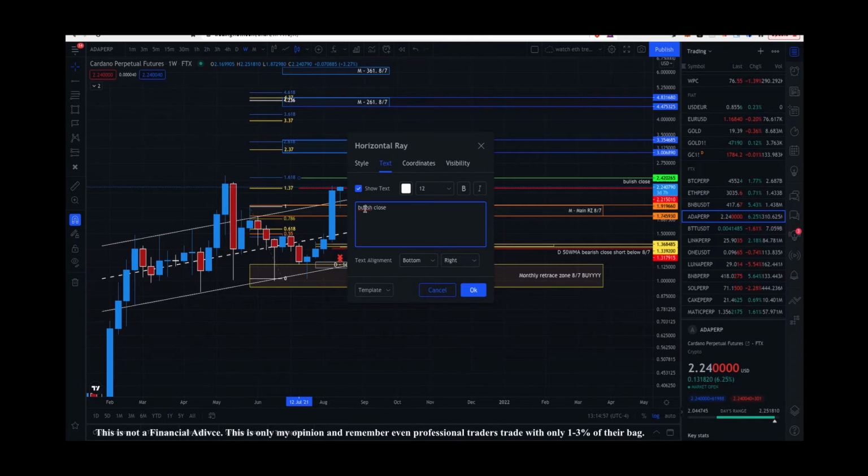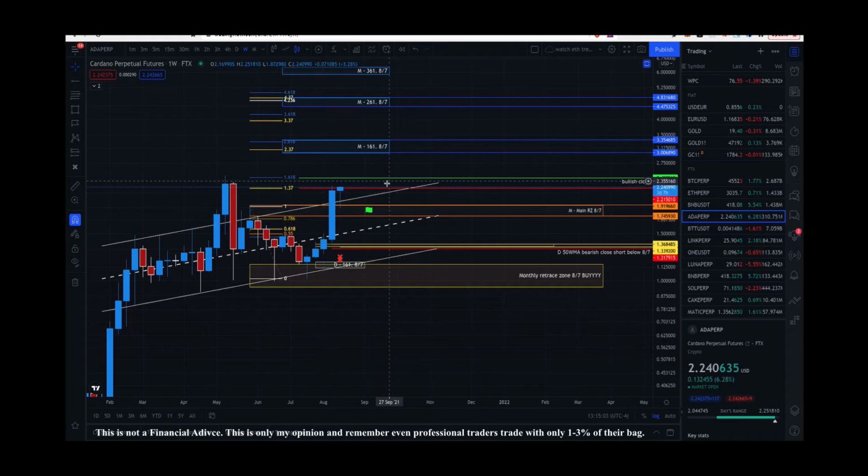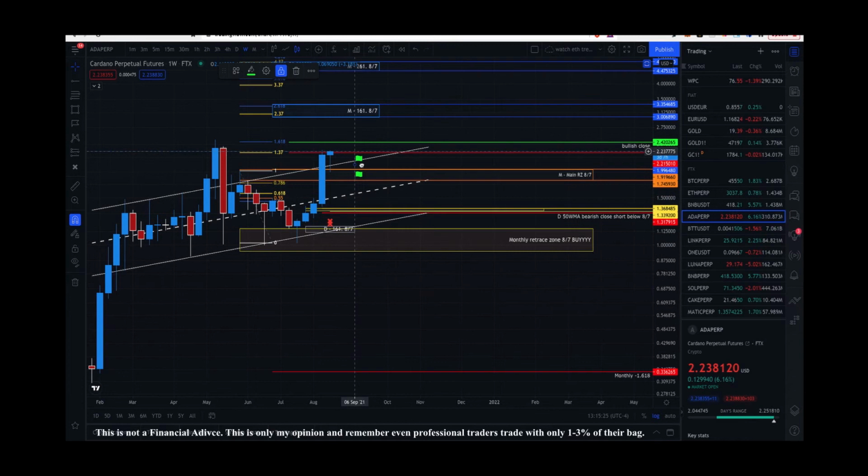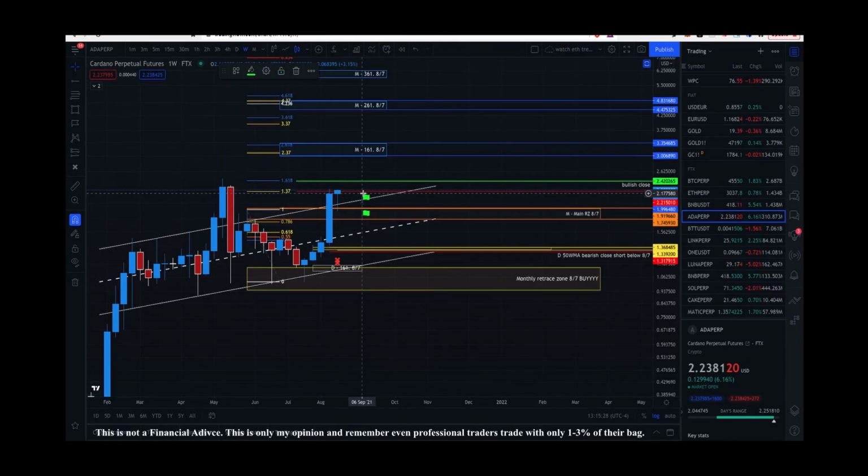We hit the resistance line at the 1618 level, and you can see that the 2618 of this move right here falls inside the 1618 of the monthly time frame. So this really confirms my 1618 monthly. This confirms for me that this is an absolute target that I should take profit on. This is a resistance for sure.